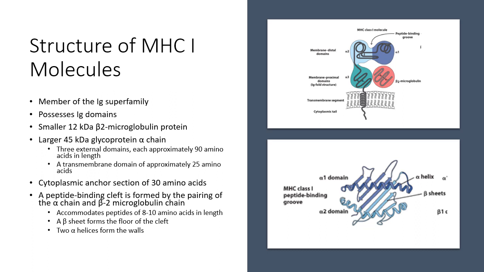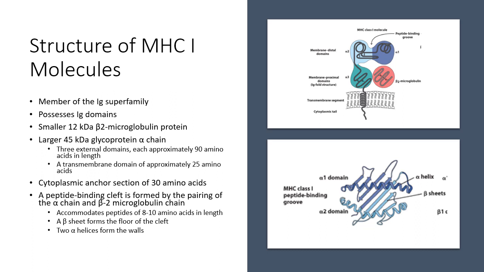So these are members of the immunoglobulin superfamily, which means they have immunoglobulin domains. You're familiar with those. Those are those loop structures stabilized by disulfide bonds. There are two pieces to MHC1.